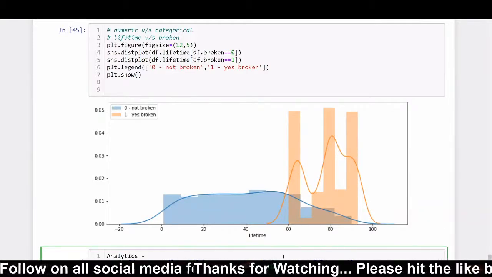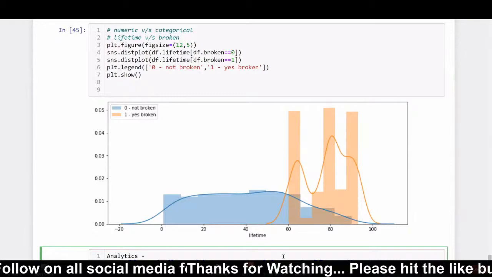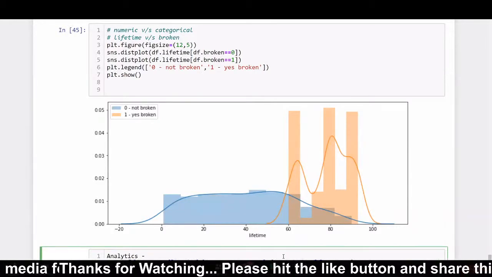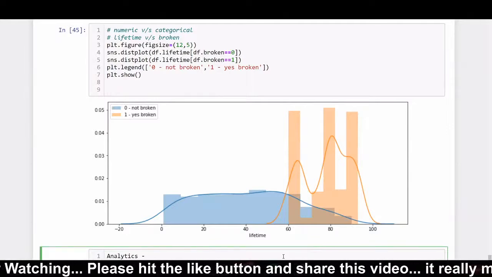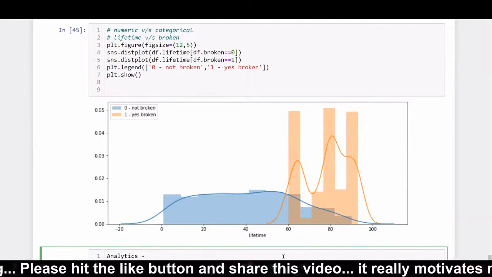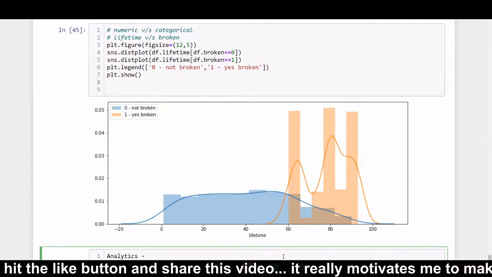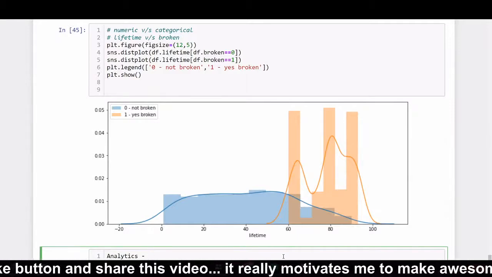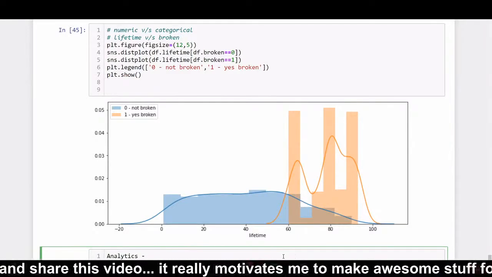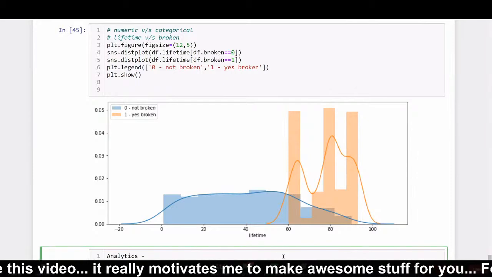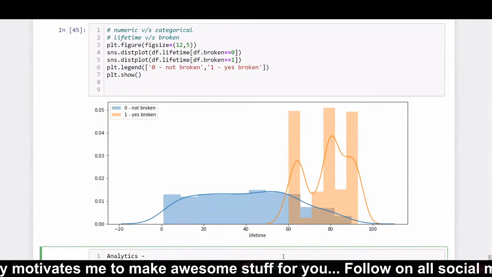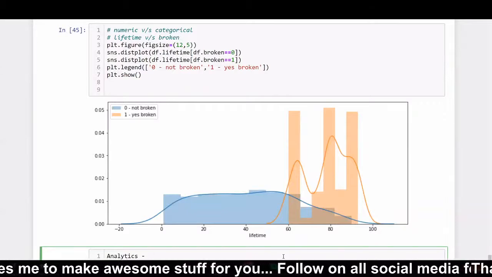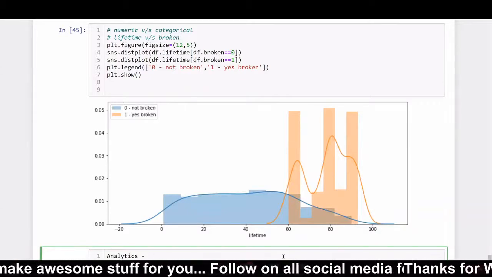And so up to 60 months, they are not getting damaged. After 60 months, the machines are starting to get damaged, right? This is one of the patterns that exists.